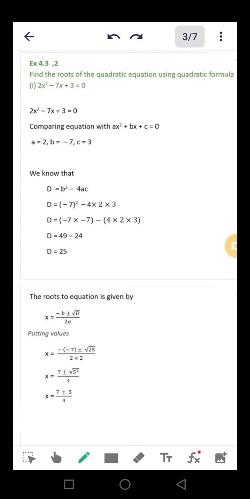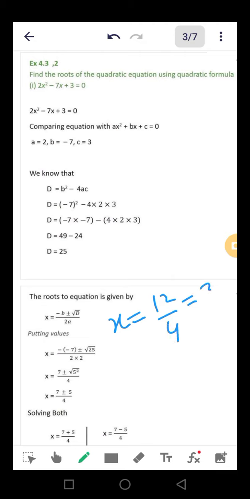You can even write 5 directly for root 25. 7 plus or minus 5 by 4. So this plus or minus 5 means we should consider both the signs. Once we take plus 5 and next time we take minus 5. So x is equal to 7 plus 5 is 12 by 4, that is 3.